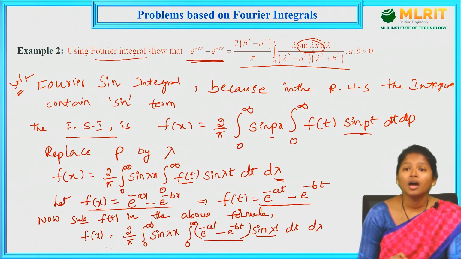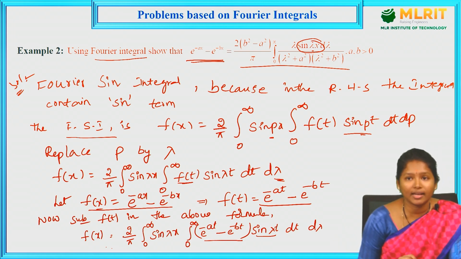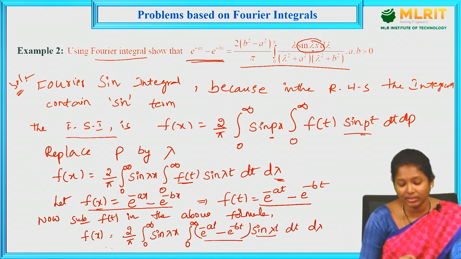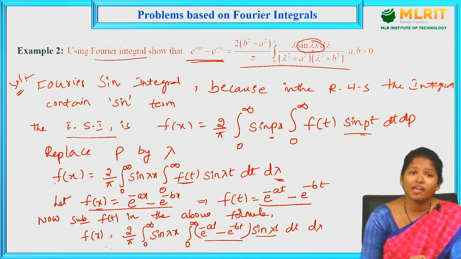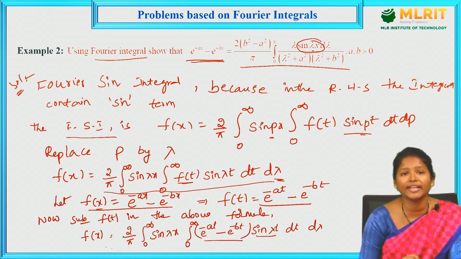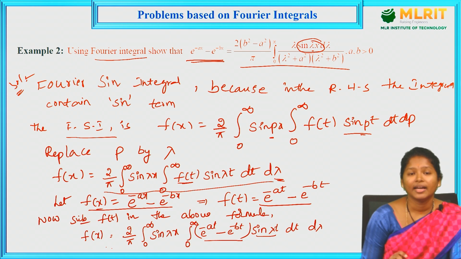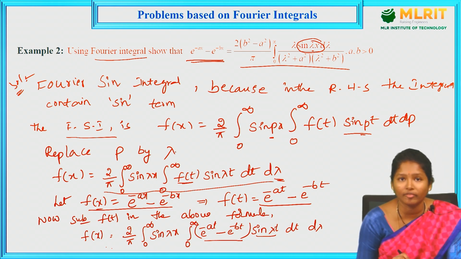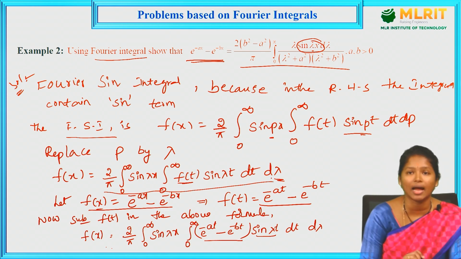Here in the result lambda is there, right? So we are replacing p with lambda. We get the formula f of x equal to 2 by pi integral 0 to infinity sin lambda x, integral 0 to infinity f of t sin lambda t dt d lambda.